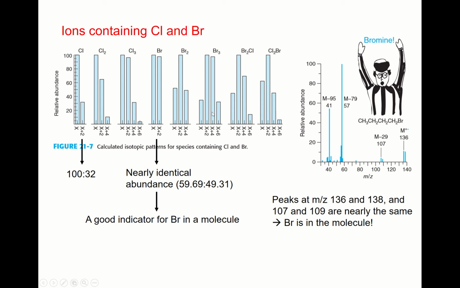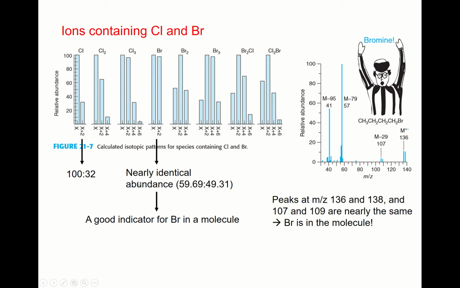These histograms indicate calculated isotopic patterns for species containing chlorine and bromine. You see, chlorine and bromine are exemplary elements that have isotopes whose masses are very close.